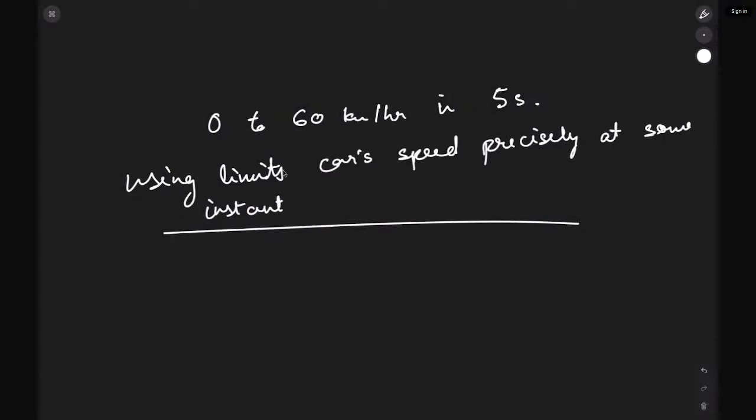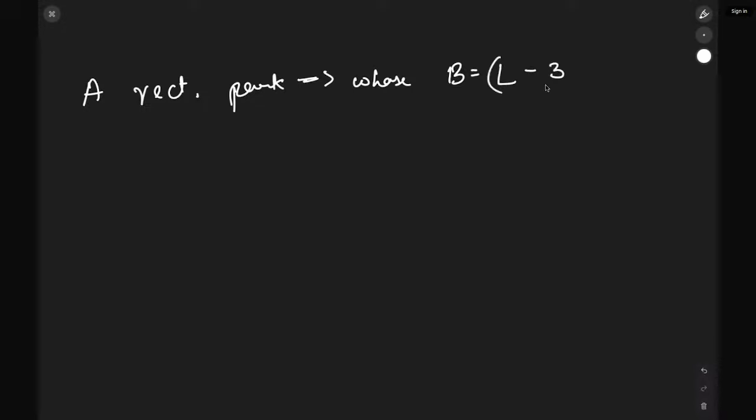All right. So now we have another question. See, there is a rectangular park. A rectangular park is to be designed whose breadth is 3 meters less than its length. Whose breadth is equal to length minus 3, and this whole thing is in meters. Now, what else?